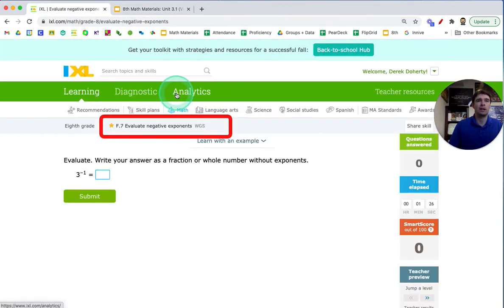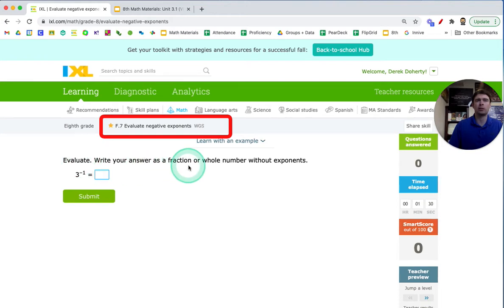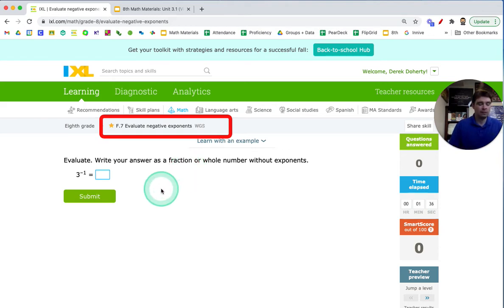So let's see that in action a little bit. Here they tell us to evaluate, and the details also tell us we could write our answer as fractions or whole numbers, but we can't keep exponents in our answer. So the first thing I'm going to do is convert this negative exponent to a positive exponent, because that works better for my brain for sure. I know that 1 over 3 to the first power is the same thing as 3 to the negative first power.